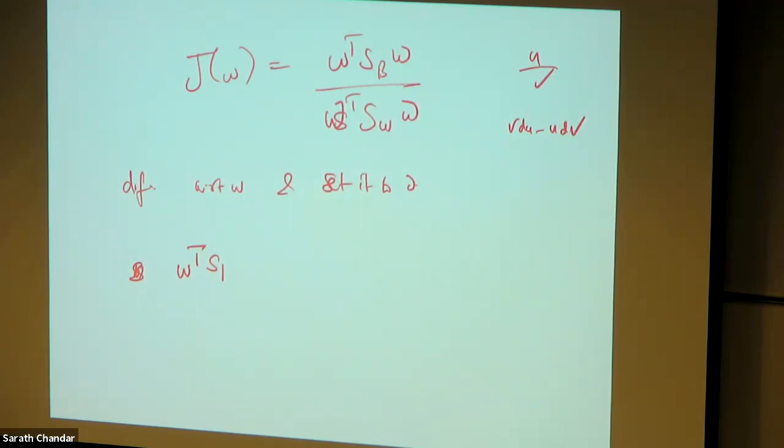I'm not sure if it is V dU or U dV, but that's the denominator squared. Yes, this is U by V.